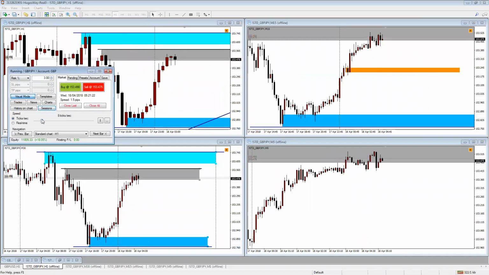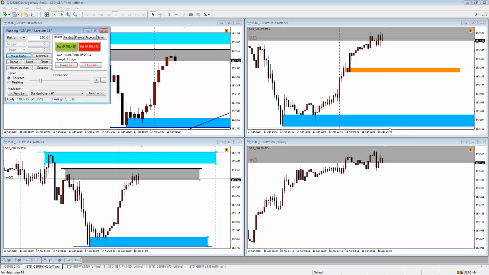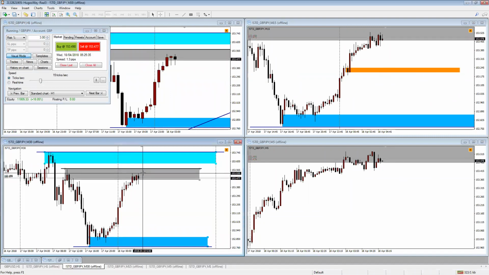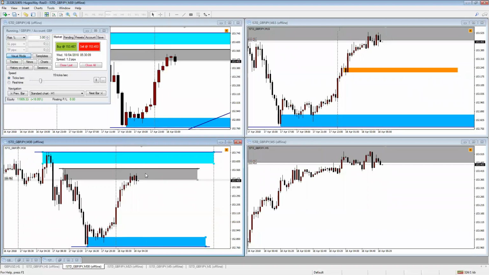Still got a couple of hours, 2 hours, for London Open. Let's see, what level is this? 0.5, 153.5. Excellent level. Very good.